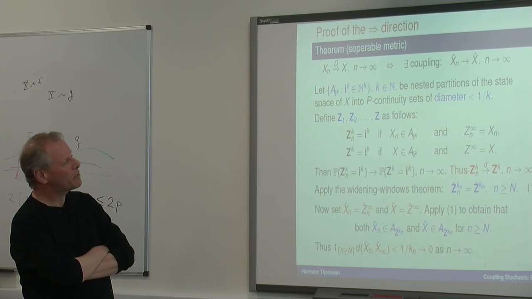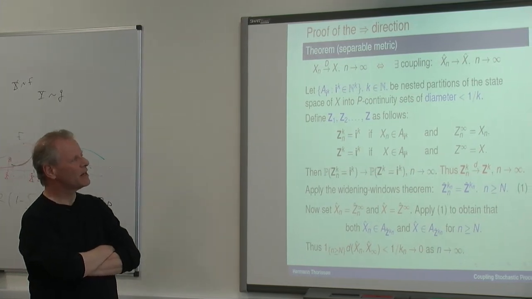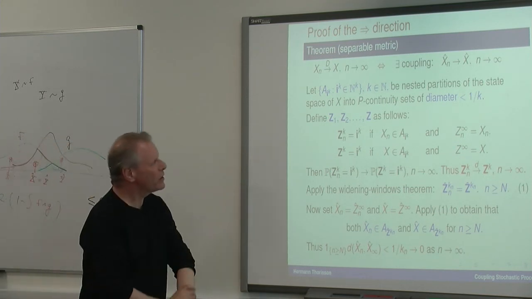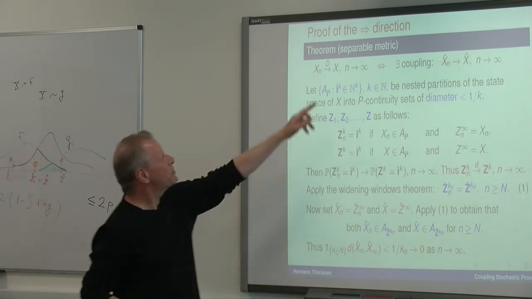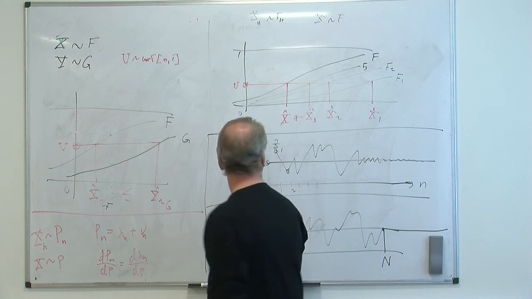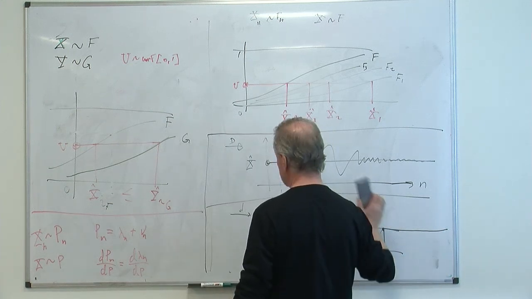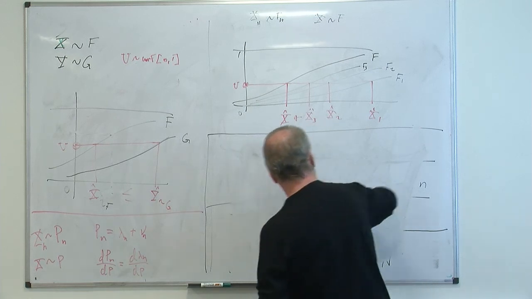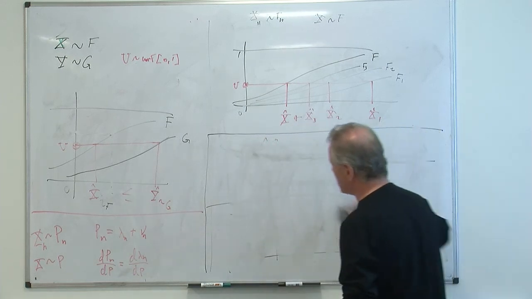So you probably need to have seen this done before, but let me explain what the trick is. Why do we need a separable space? It's because in a separable space, you can split it up into nested partitions.